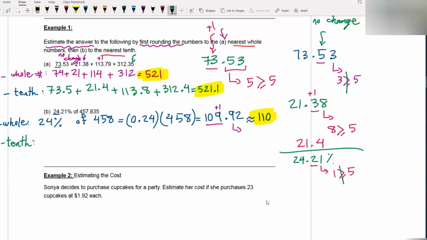It's not. That means no change to that part. Whatever we have after the tenth place, we have to use 0. So it's 24.2. Here is 0. You don't need to write it, because it doesn't matter if we write 0 or not. Then 457.835.